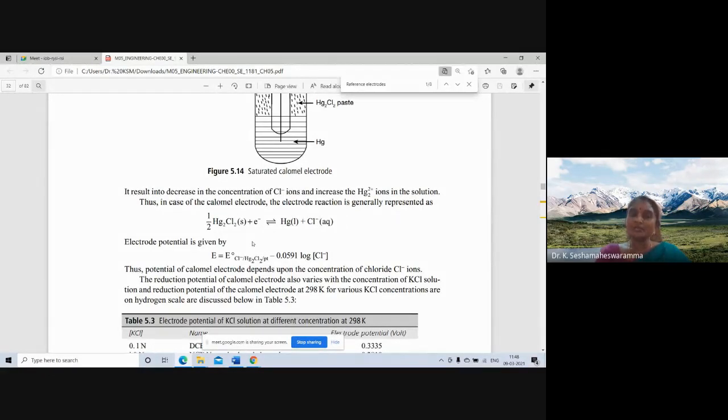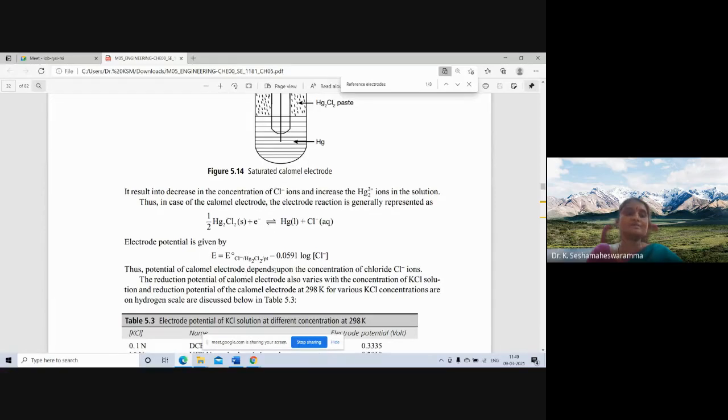Electrode potential E is equal to E0 Cl minus / Hg2Cl2 mercurous chloride / platinum minus 0.0591 log concentration of Cl minus ion. This is the standard calomel electrode. Electrode potential can be found with this equation.